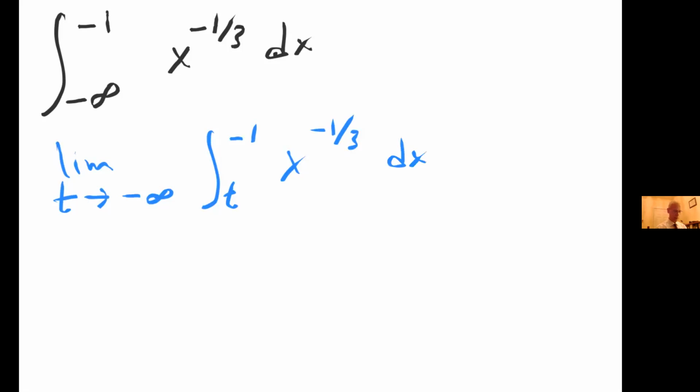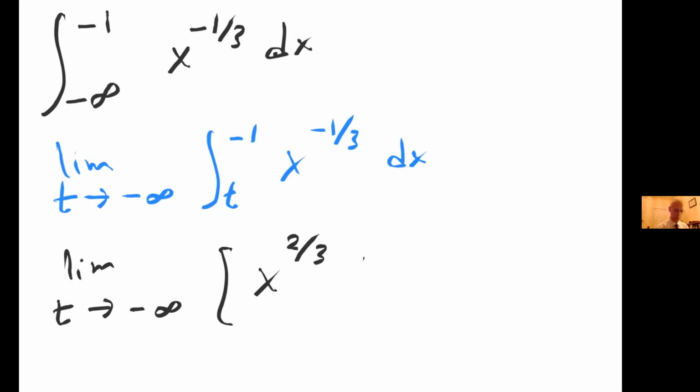So now, limit as t is approaching negative infinity, adding 1 to the negative 1/3, I have x to the power of 2/3. And instead of dividing by 2/3, I'm going to multiply by 3/2. And that is going to be from t to the negative 1.